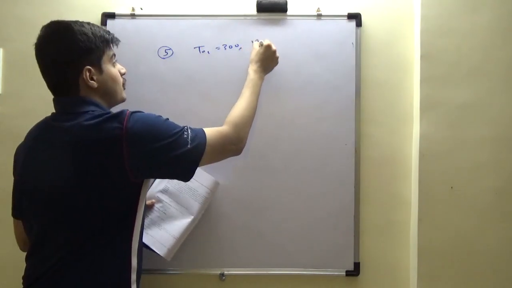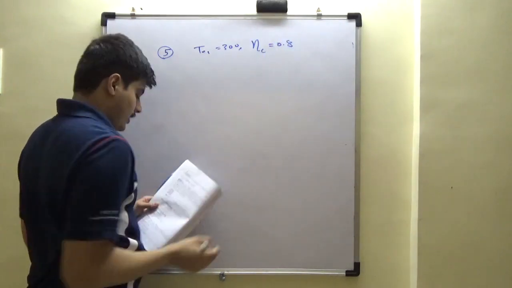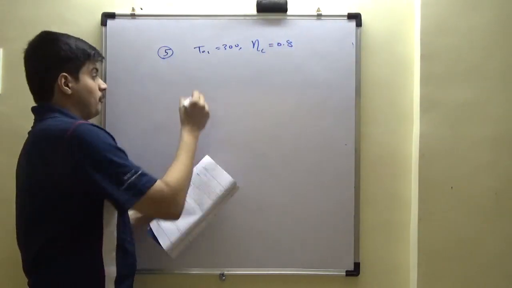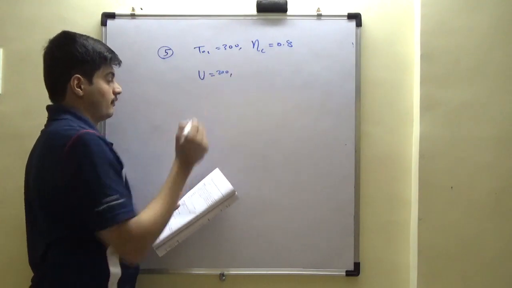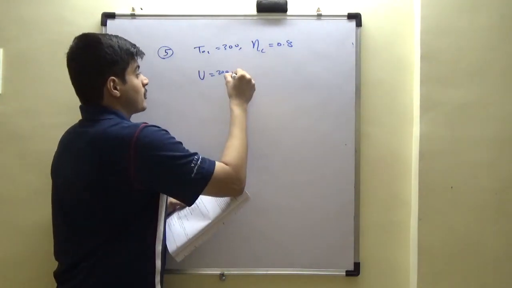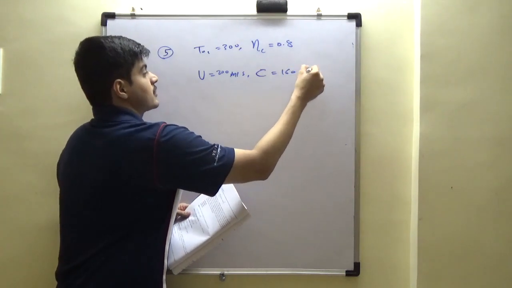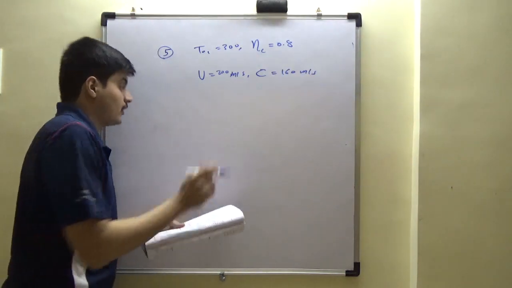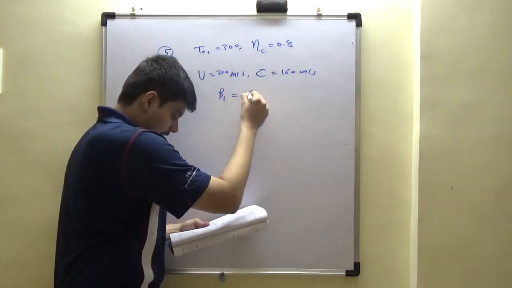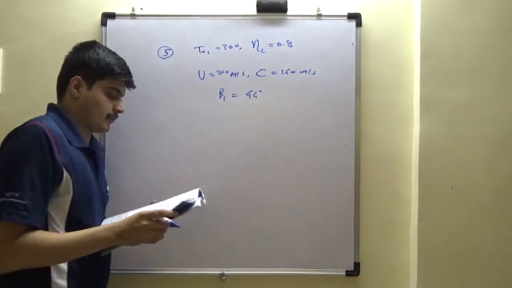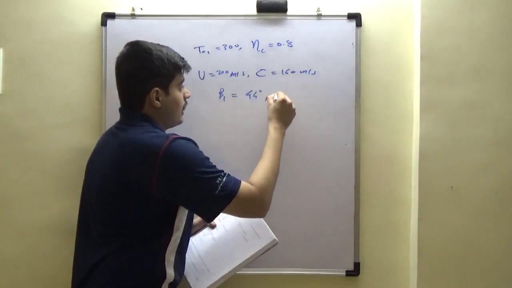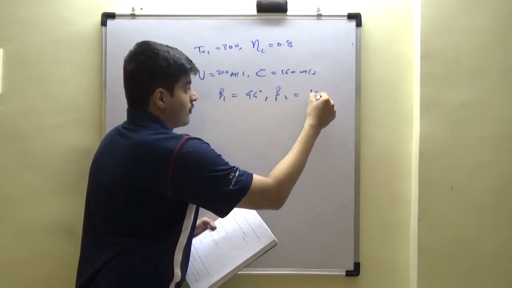Stage efficiency is 0.8, blade speed is 200 meter per second, axial flow velocity is 160 meter per second, inlet relative blade angle is 44, outlet relative blade angle is 40.